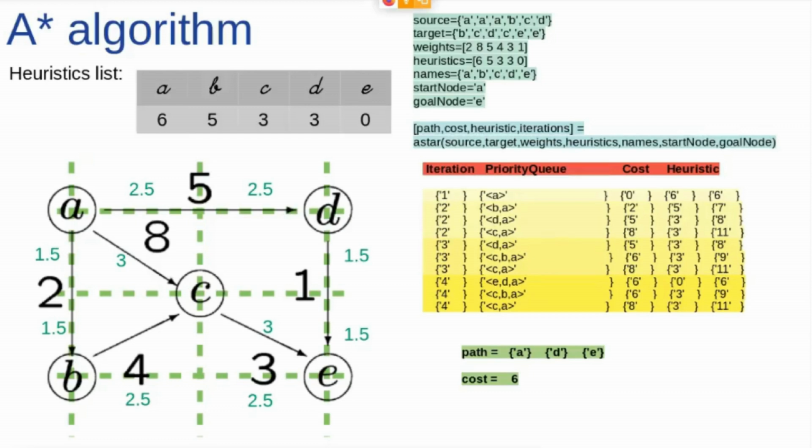And at the end, the A-star algorithm will be widely used in your future experience, right? So the A-star is a mixture between the Dijkstra and the greedy algorithms.